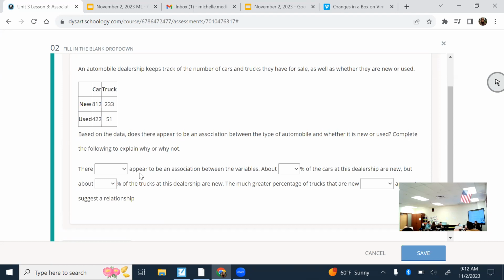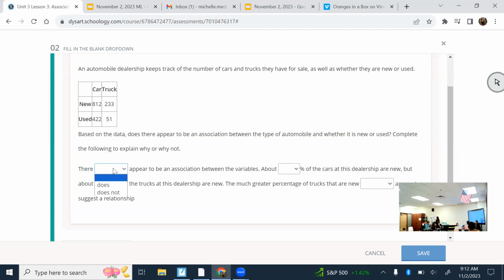So the blank appear to be an association. Do you guys think that there's an association? So it looks like when there's a car, they prefer, majority speaking, new cars. When it's trucks, they also prefer new trucks.